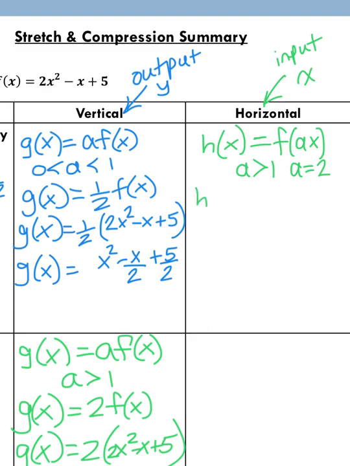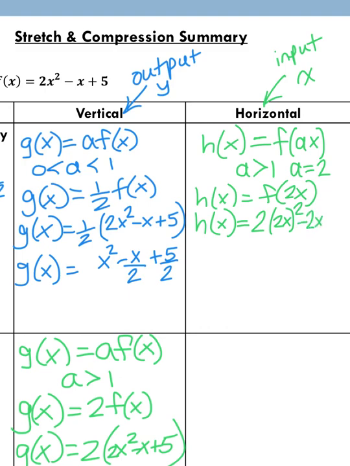So h of x is going to equal f of 2x, which means anywhere where we see our x in our original function, we're going to be replacing that x with 2x. So I'm going to have 2 times 2x squared minus 2x, because I'm replacing the x in the original function with 2x, plus 5.